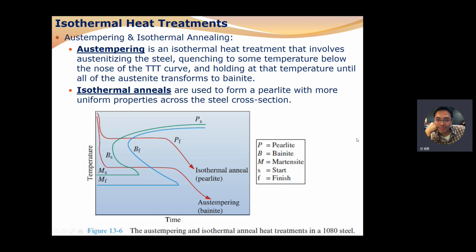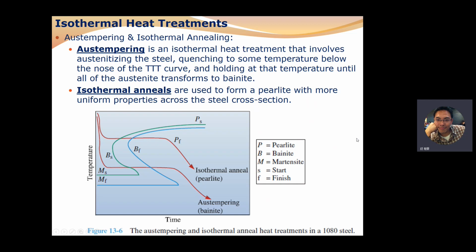Austempering is an isothermal treatment that involves austenitizing the steel and quenching to some temperature below the nose of the TTT curve, and holding at that temperature until all the austenite transforms into bainite. The second is isothermal annealing, which is used to form pearlite with more uniform properties across the steel cross-section.